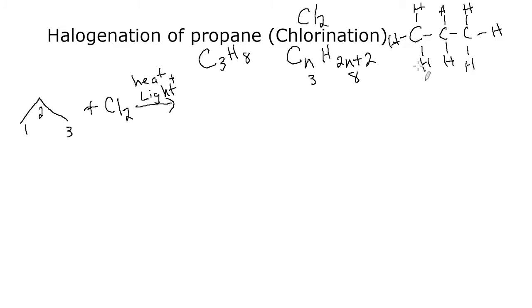It could be this hydrogen, or it could be any one of the 8 hydrogens. So what we're going to get is a singly substituted alkane. And in this case, I'm going to put the chlorine right on that carbon number 2. In addition, the other product that we get is HCl. The name of this molecule is going to be 2-chloropropane.